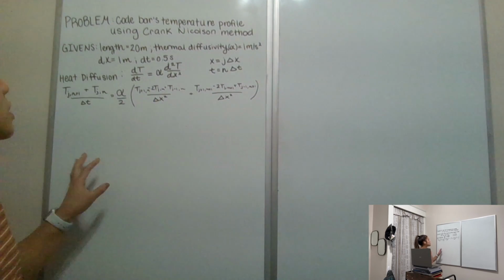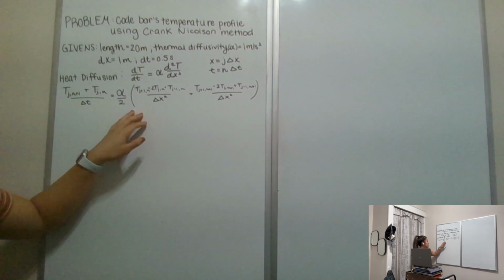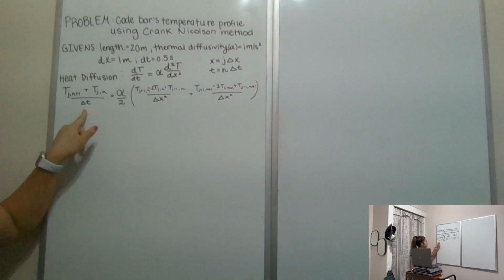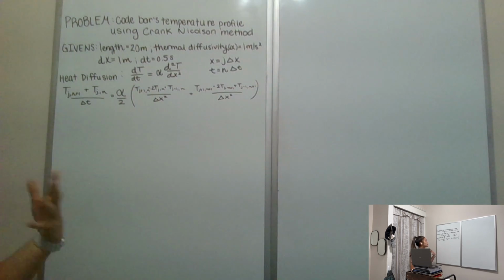Now we're going to distribute out the delta x squared, move the delta t to the other side, and clean it up a little bit.